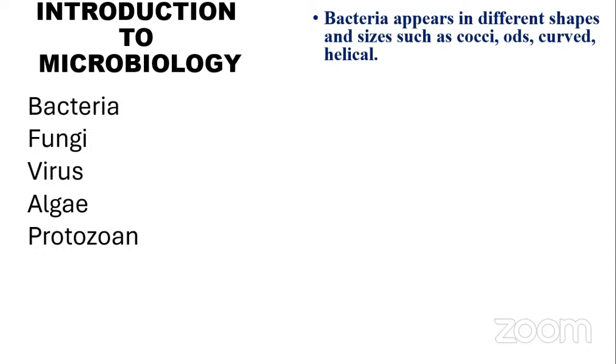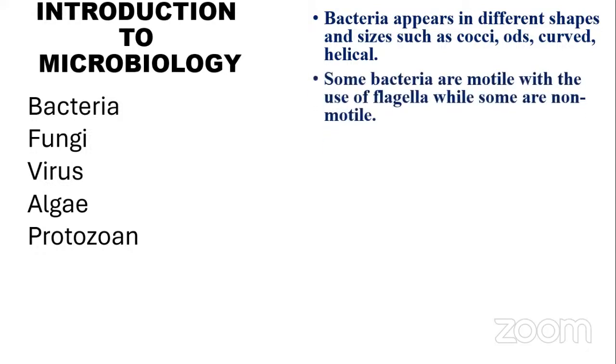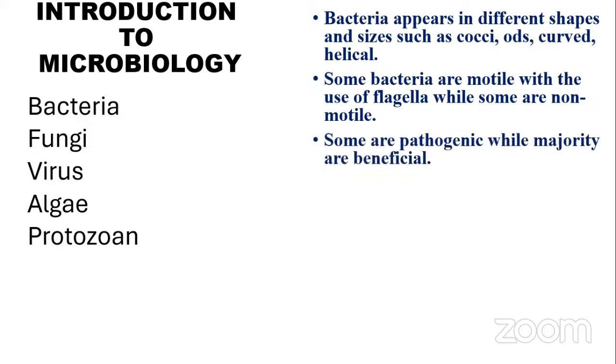Some of them are motile, that is, they use flagella as an organ for motility, while some of them are non-motile. Those motile use flagella for their motility, while those that do not have flagella are non-motile. So among the bacteria, we also have those that are pathogenic, while majority of them are beneficial.